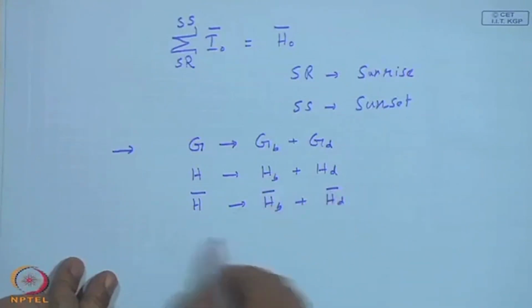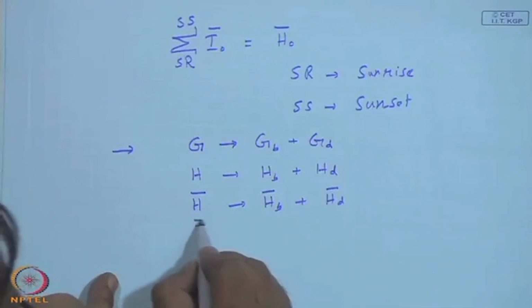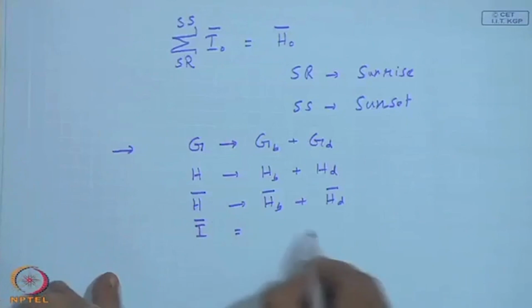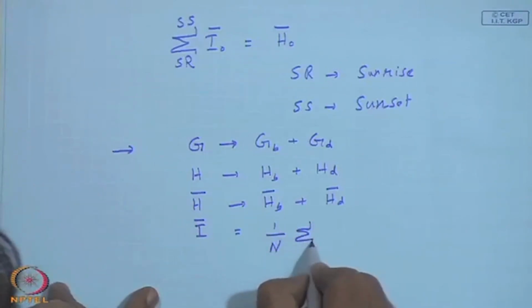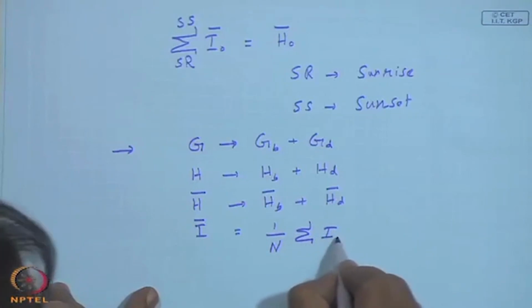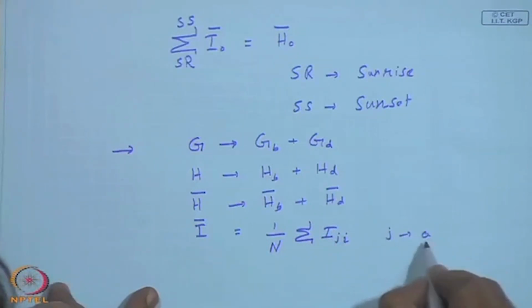We will not right now worry about the yearly part, and then this is important, I bar is 1 by n sigma I j, I j being a particular hour.